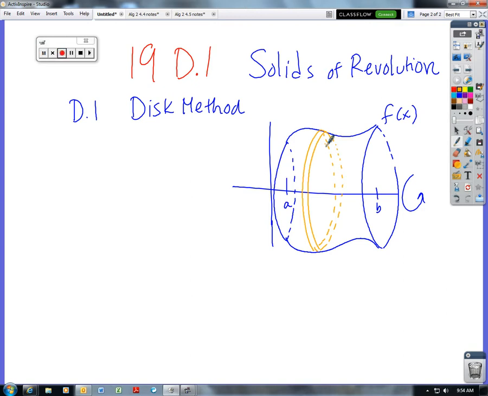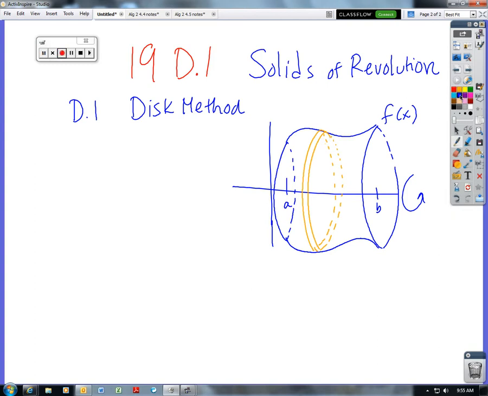And if we could find the volumes of each one of those slices and add them up, we would have the volume of the solid of revolution. We could do an estimate of that if we literally were to slice them into some number of slices, find their volumes and add them up. That would give an approximation of the volume. But we're going to use calculus to get an exact volume.